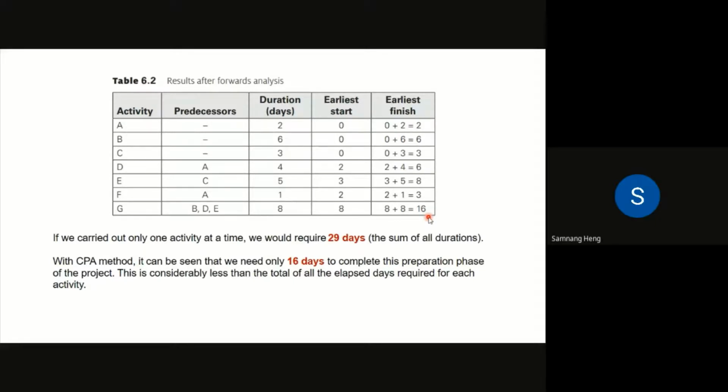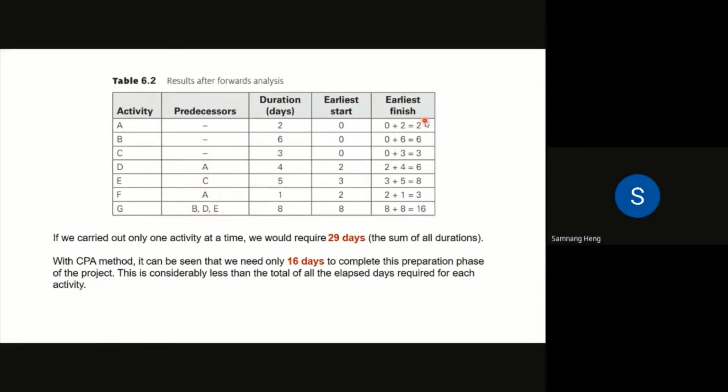We save 13 days, almost half. We save almost 50%. And when we save time, what else do we save? Money, right? Your time is money. So people don't have to spend more time to work. All right, so you have money. And the critical path also tells us what tasks you need to do first.